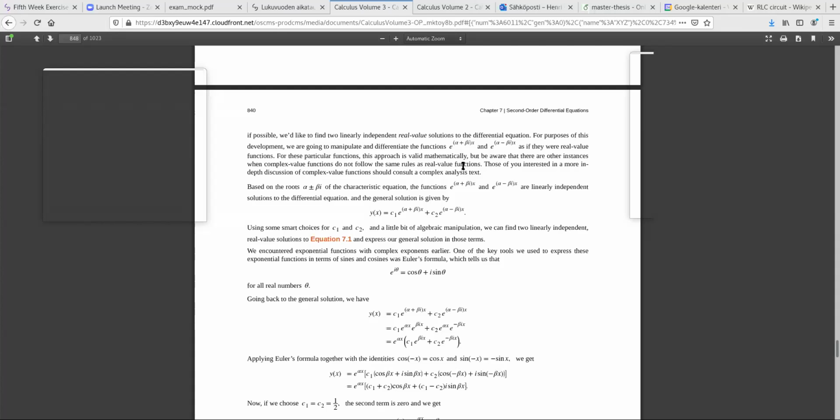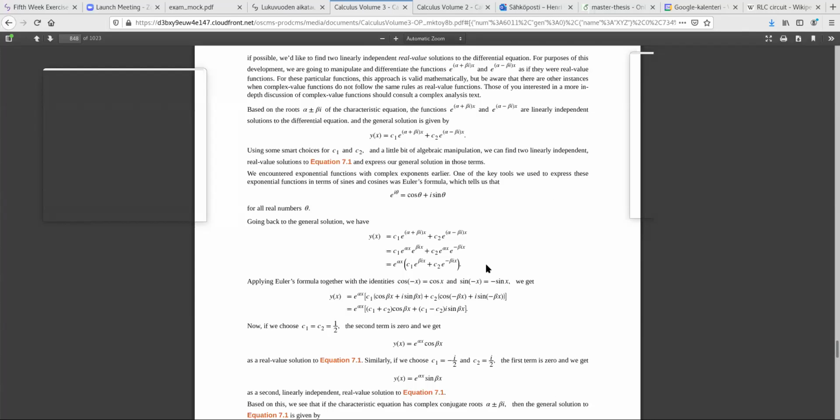You can express them because e to the something times i can be expressed in terms of the cosine and sine functions. Then it turns out that you can transform this into a linear combination of the imaginary parts, where one is negative and one is positive.